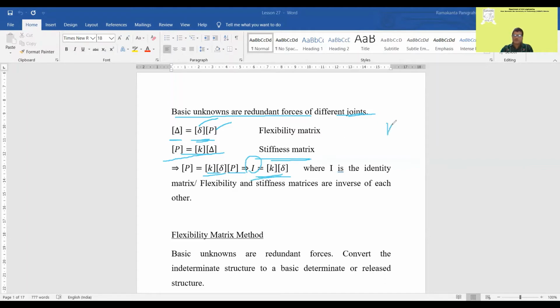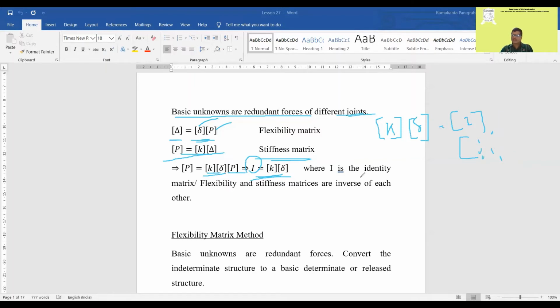So for any structure, if you find the flexibility matrix and the stiffness matrix and multiply them, it will be an identity matrix. Identity matrix means only the diagonal terms will be 1, 1, 1, and the off-diagonal terms will be equal to 0.